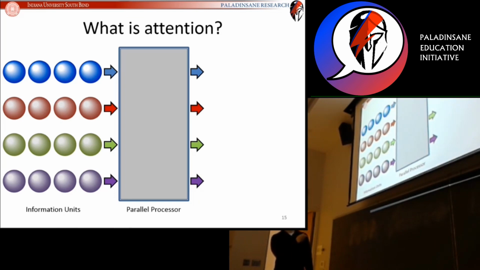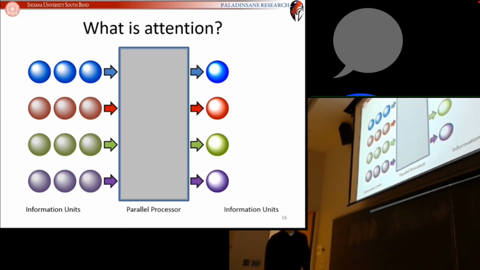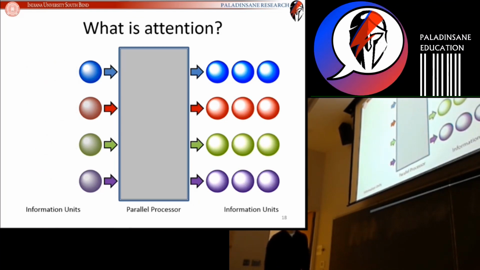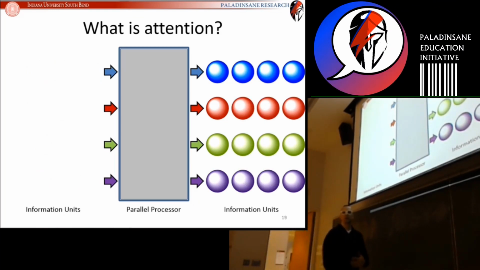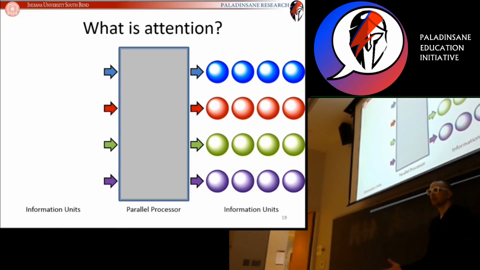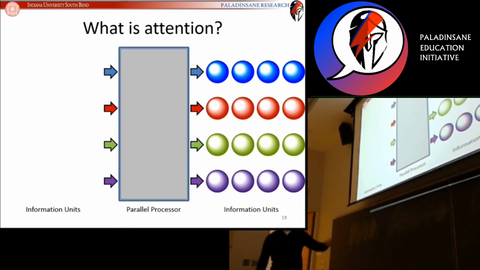This first layer of units all gets processed at the same time, their contrast gets increased and they get output. The second layer of units is all processed at the same time, then the third layer, the fourth layer, and you can see that very quickly the processing of all 16 of those units has been completed. So that's a parallel processor.